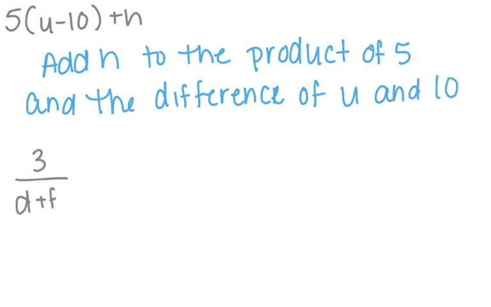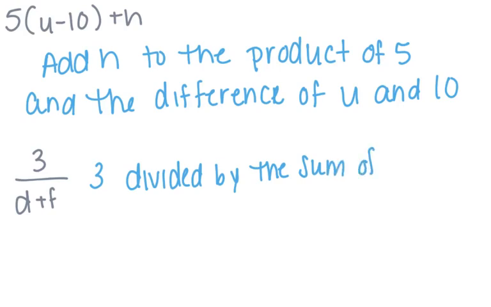And the last one is 3 over D plus F. And remember, if you see an expression like that, the fraction bar means we are dividing. So I'm going to say 3 divided by the sum of D and F.